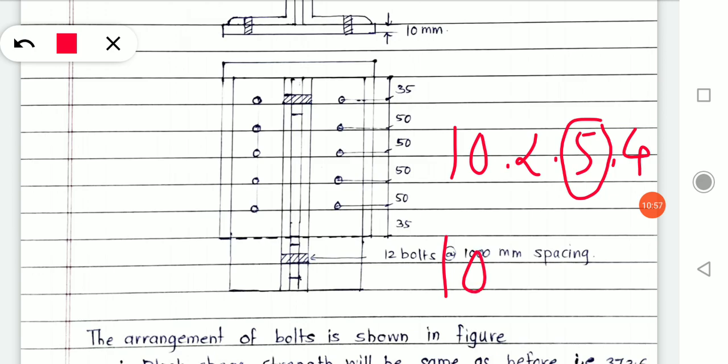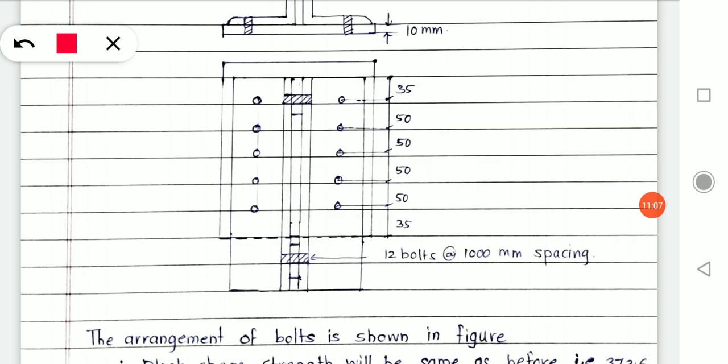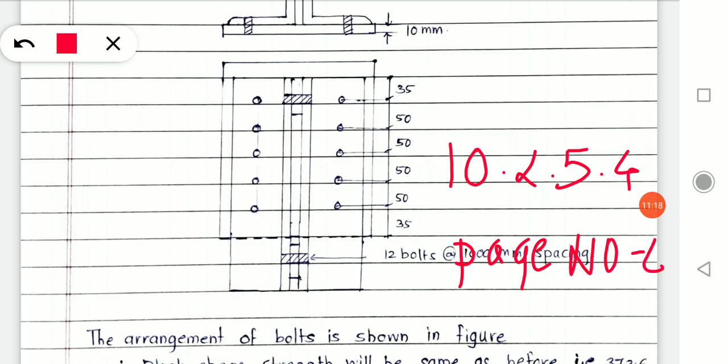I mentioned 10.2.4 or something, so something is missing in that clause number. So you should remember or write down from here and use your IS code. Please open your IS code and read that clause. Clause number 10.2.5.4 on page number 74. Go through it.